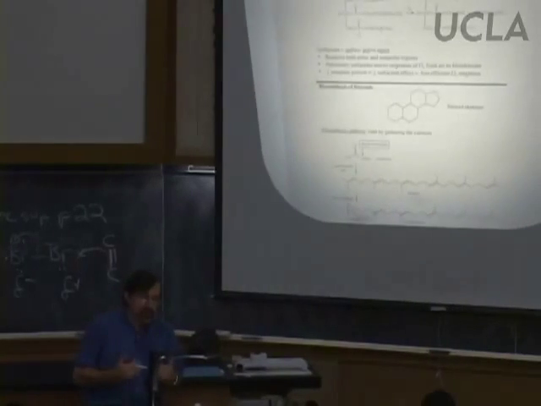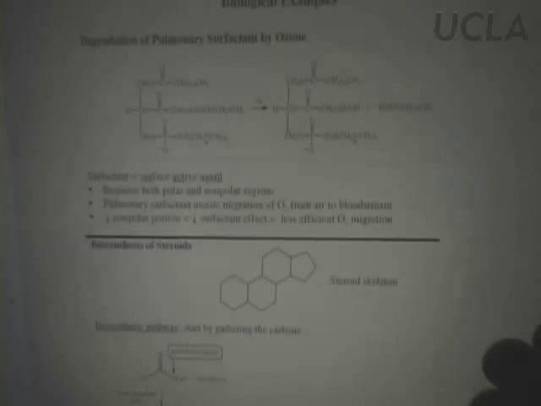So what happens when you breathe in ozone? Well, if there is a carbon-carbon double bond, the ozone can chop that carbon-carbon double bond. Under biological conditions, it turns out it makes carboxylic acids instead of aldehydes and ketones, but it still chops that carbon-carbon double bond. And in this particular component of pulmonary surfactant, when you lose this guy over here, you're losing about 1/4 of your total non-polarity.